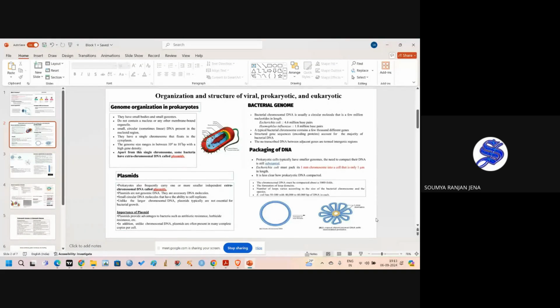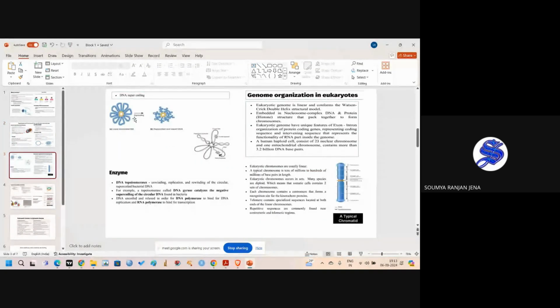Then this looped chromosomal DNA is converted to supercoiled DNA by the enzyme DNA topoisomerase, giving looped supercoiled DNA, toroidal supercoiled DNA, or plectonemic supercoiled DNA. This DNA topoisomerase carries out unwinding, replication, and rewinding.